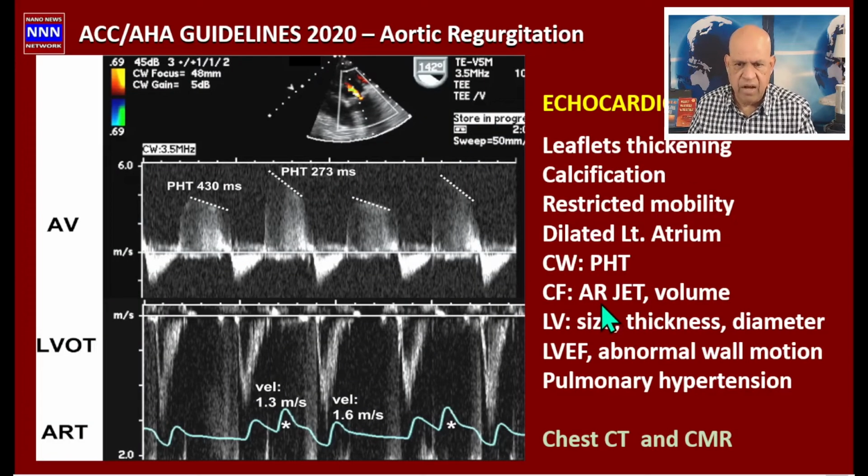Okay, how do we diagnose aortic regurgitation and determine the degree of aortic regurgitation? As I told you, 2-dimensional echocardiography, 3-dimensional echocardiography, and of course TEE, all modalities will be the gold standard in trying to determine the degree of aortic regurgitation.